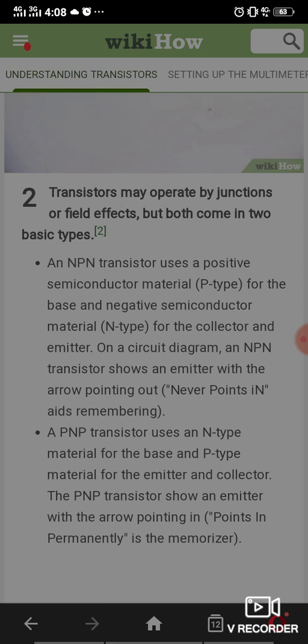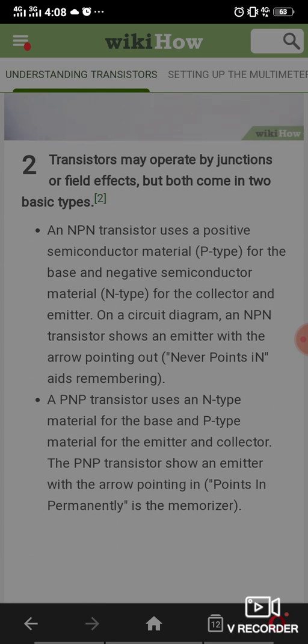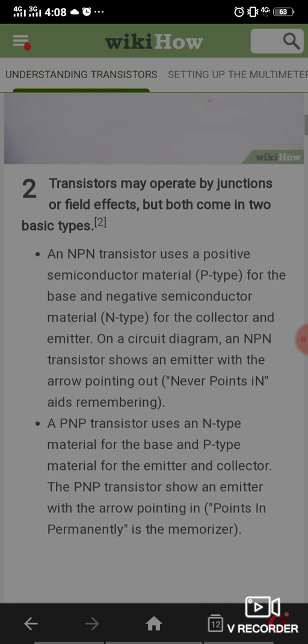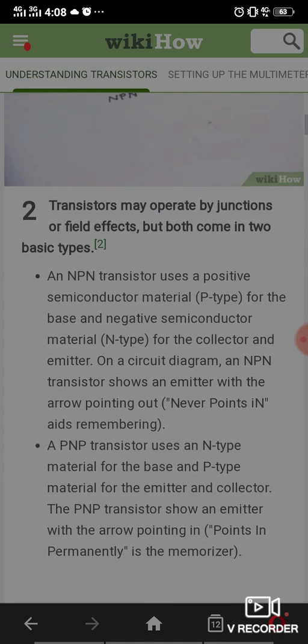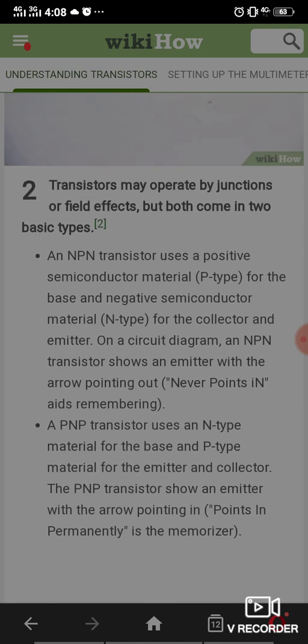A PNP transistor uses an N-type material for the base and P-type material for the emitter and collector. The PNP transistor shows the emitter with the arrow pointing in.